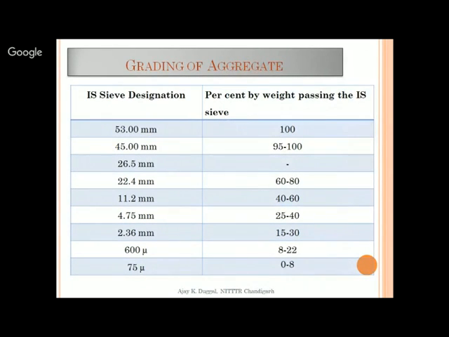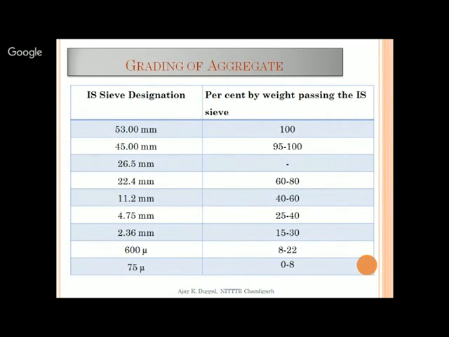These are the requirements of the grading. So you will have 53 mm up to 75 micron. इसमें एक ही grading है, कोई confusion नहीं है, single. So maximum particle size is less than 53 mm. और अगर आपका 45 mm भी down है तो भी this material is going to work.